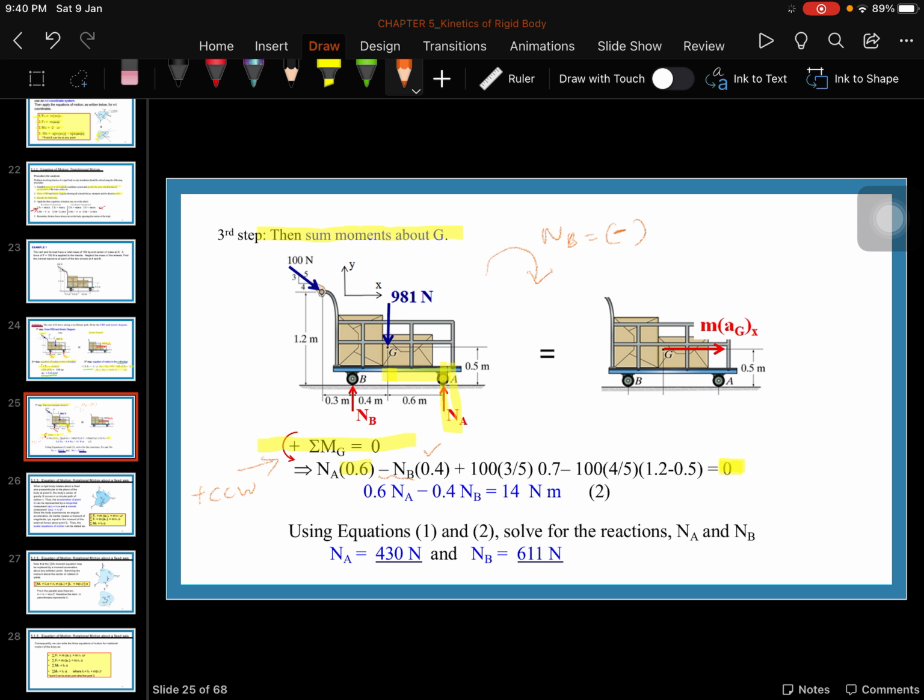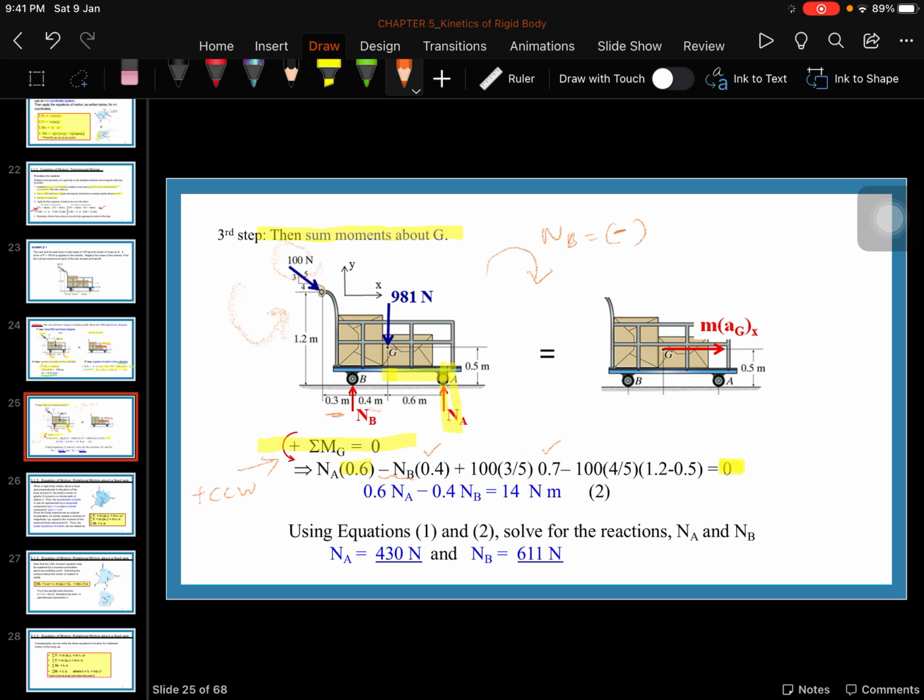Next, plus 100, because the 100 Newton force will move counterclockwise, times 3/5 times 0.7. Why 0.7? Because 0.3 plus 0.4.